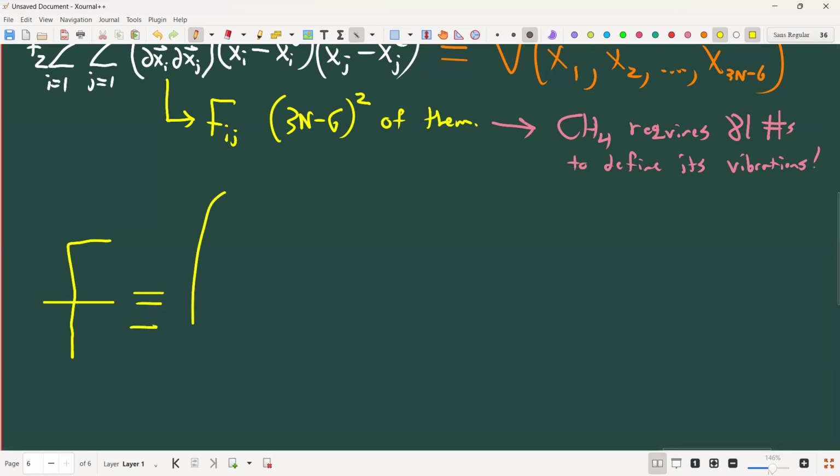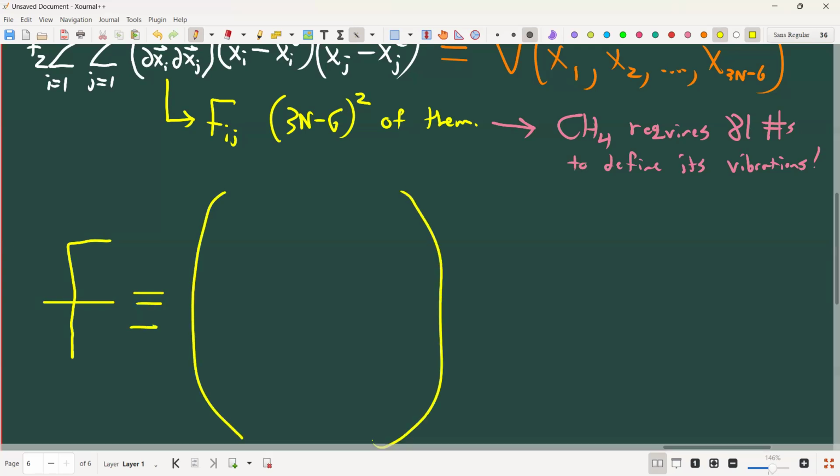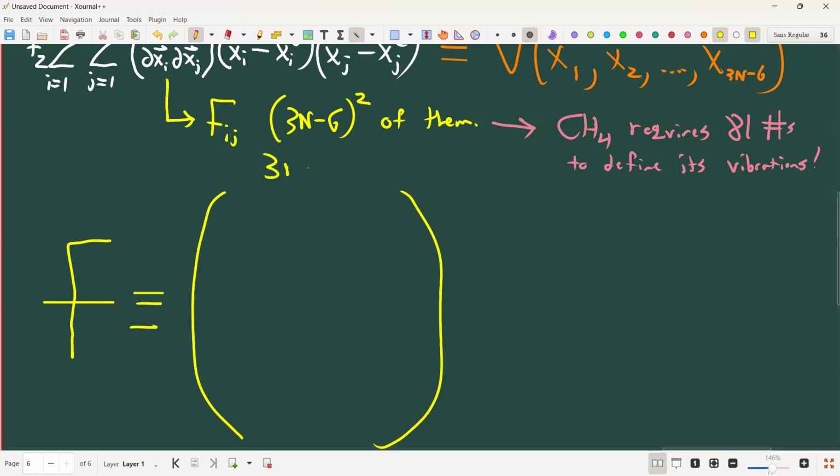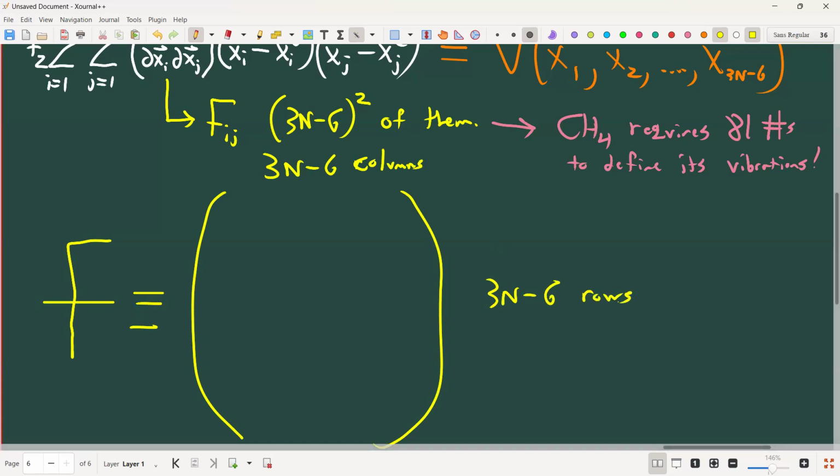Right? And it's going to be this big matrix that has 3n minus 6 columns and 3n minus 6 rows. Okay. And in that, I'm going to put each one of my Fij's. So I'm going to have a bunch of force constants in here. I'm just going to tabulate in Excel all of my numbers. All right. So I've got F11 here.